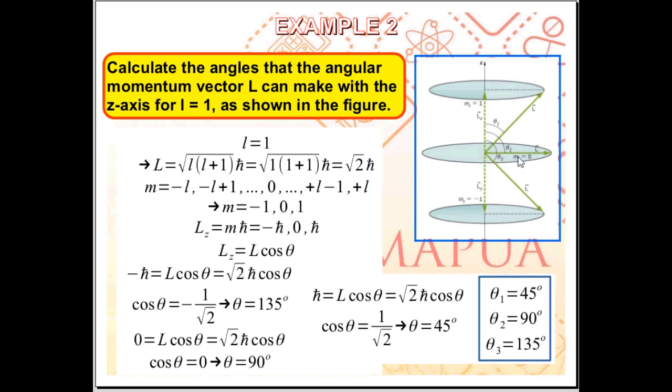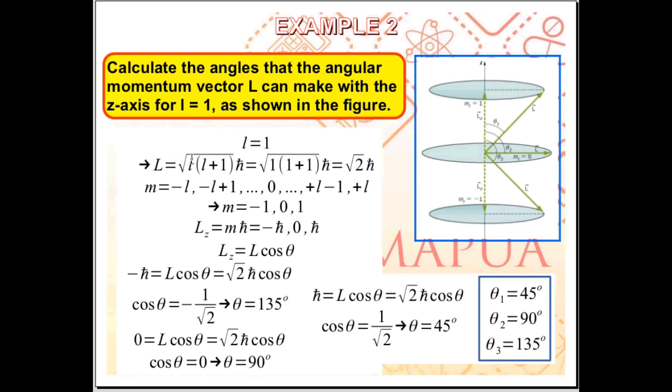Calculate these angles with respect to the z-axis of these 3 possible values of L. So you have L at theta 1, theta 2, and theta 3, for small l equal to 1.